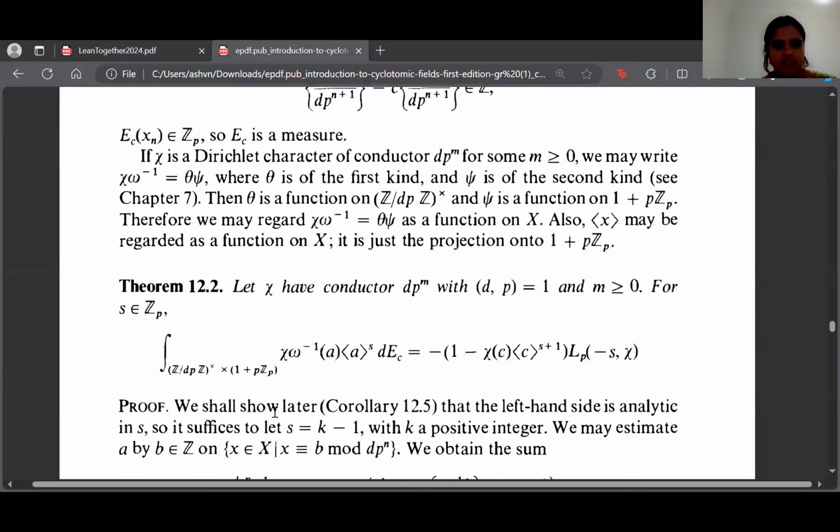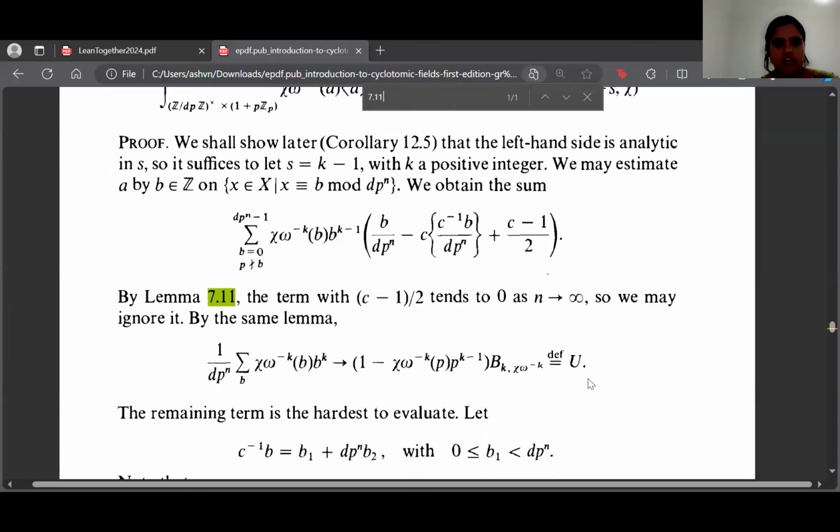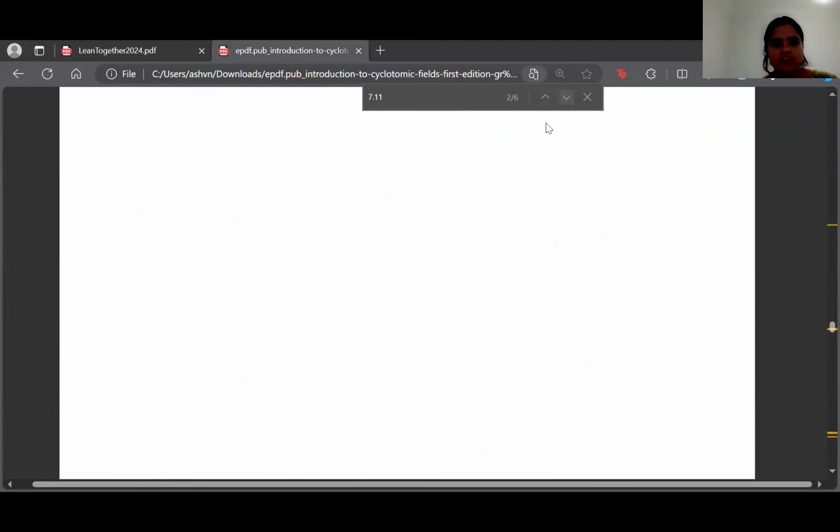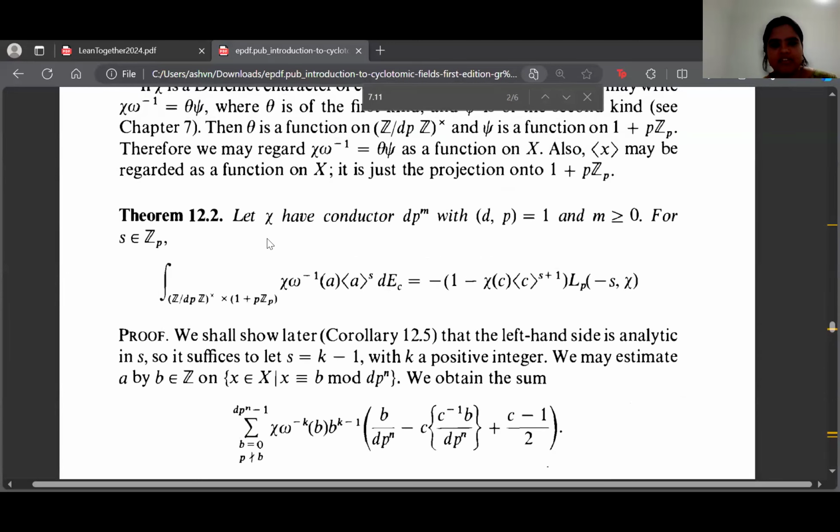So this is the book Introduction to Cyclotomic Fields, which I was following. And this is the formula that I just told you was the definition. And what I'm using is this lemma over here, which you can see looks a bit like the formula I just showed you, but it's not the same. And this is because our original theorem here does not say anything about what chi should be.